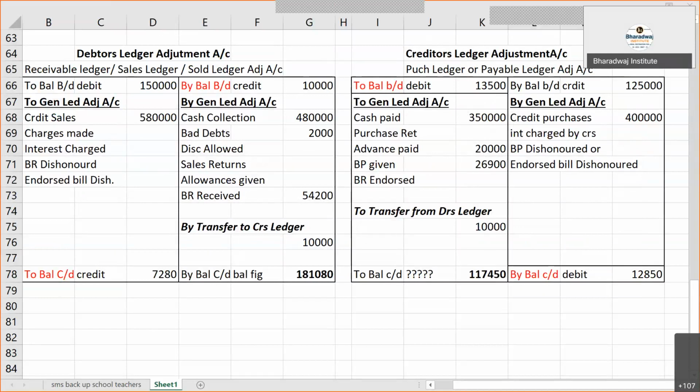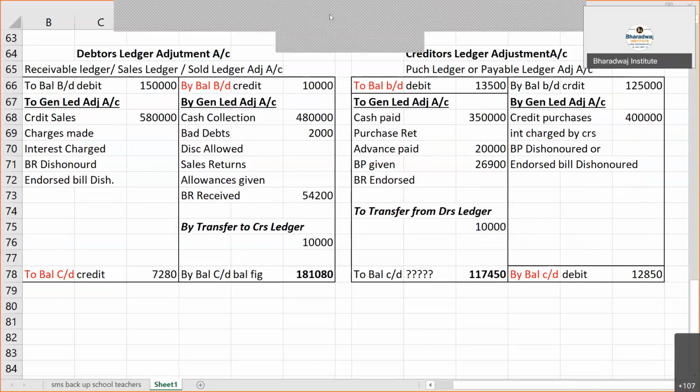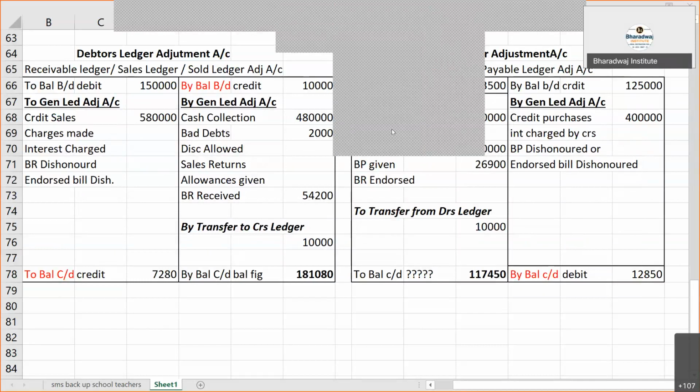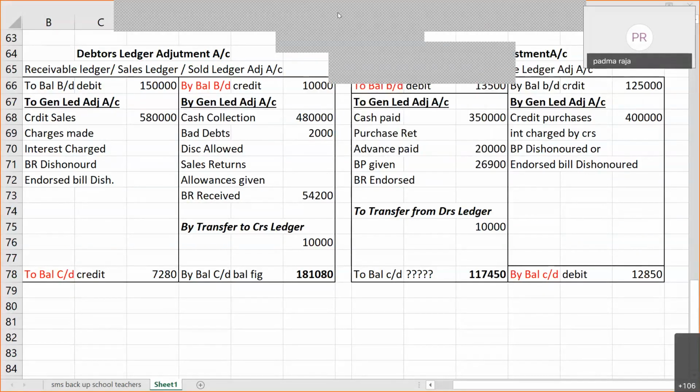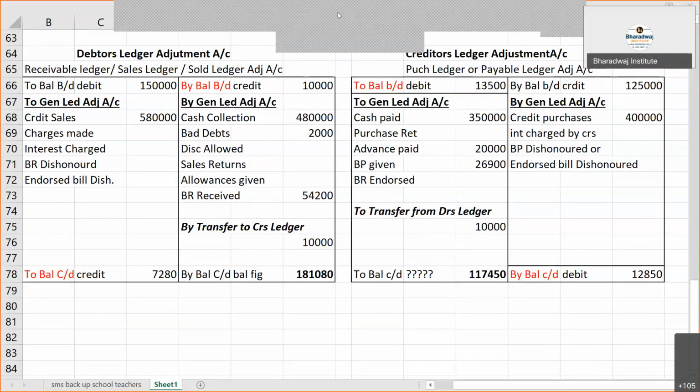Yeah, those who have not done it, please copy this, debtors and creditors ledger adjustment account. This is one of the simplest problems. For the general ledger adjustment account, it is the inverse of this account.